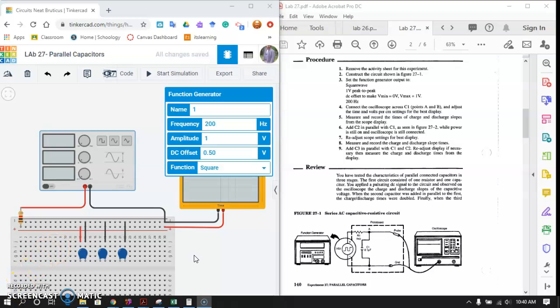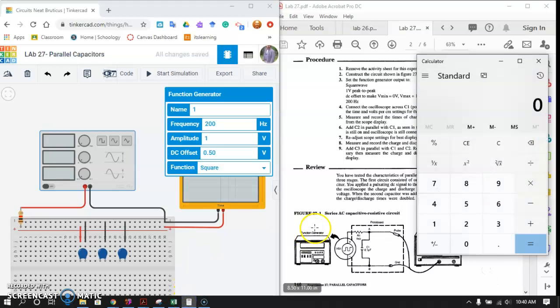Now we also want to make sure our oscilloscope is set up to read a cycle for 200 hertz. So just a reminder here, let's take our calculator out. If the frequency is 200, take the inverse of that, 1 divided by 200, and that's going to give you a period of 0.005 seconds, or 5 milliseconds, when we're looking at one cycle in this waveform.